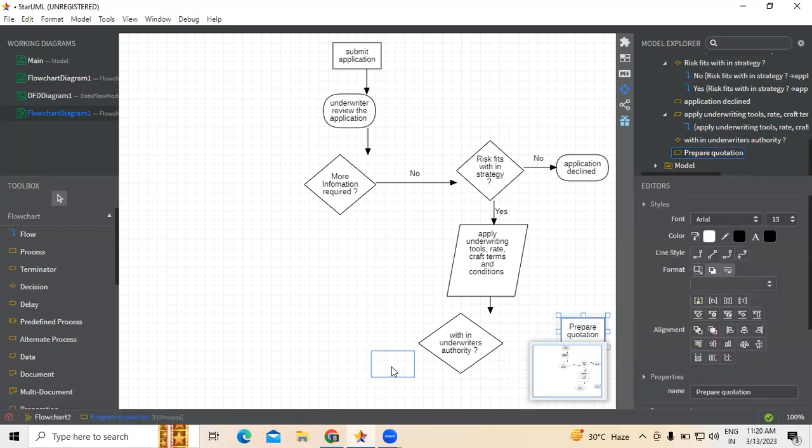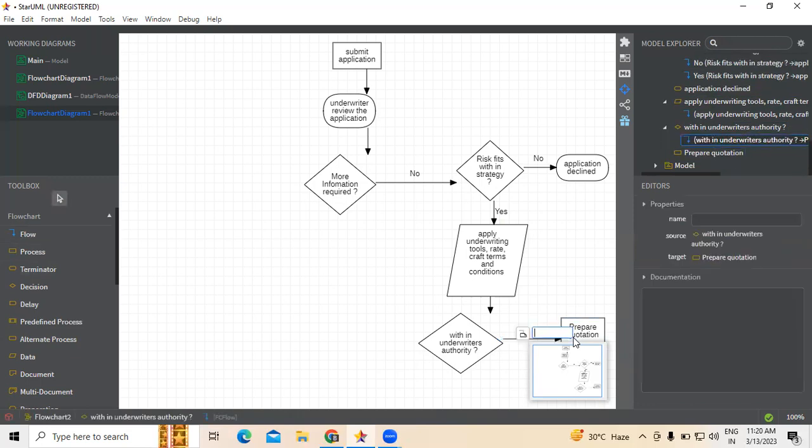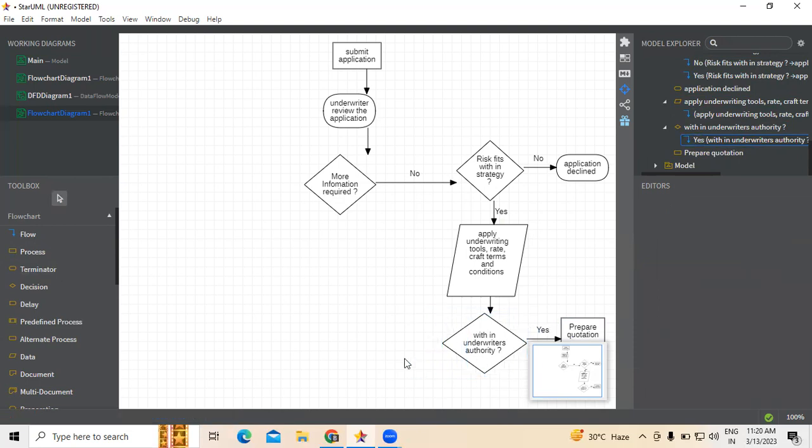If it is yes, automatically it will be provided. For example, if this is no, for whatsoever reason, it has to be sent back for underwriter's review of the application and terms and conditions again.